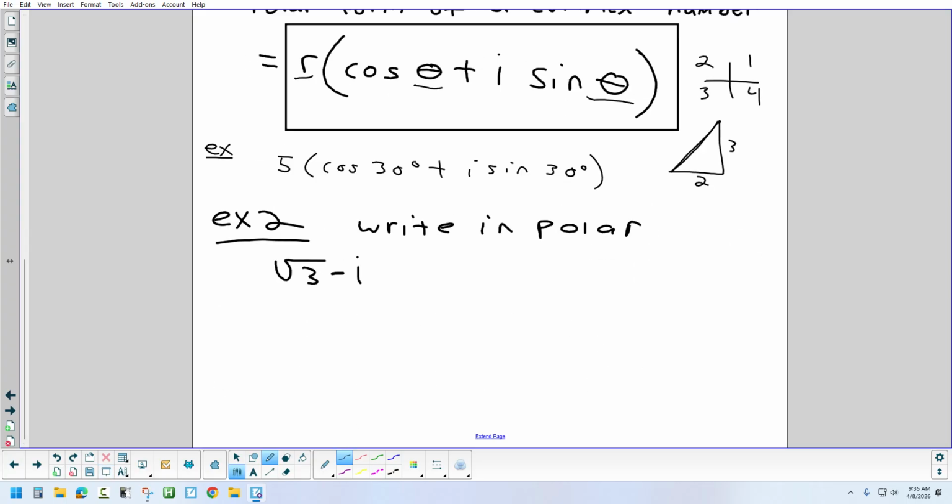All right, let's try an example. So it says to take that and write it in polar. Okay, so that's a complex number. When I'm done, I'm going to have an answer that looks like what's in that box, but I need to figure out these 2 things. Let's start with finding theta. What is important to know about this point when you're trying to find your angle?